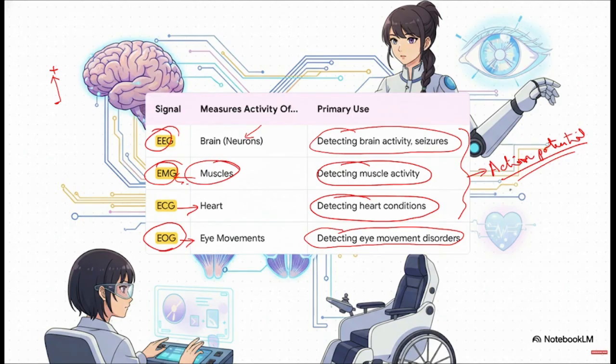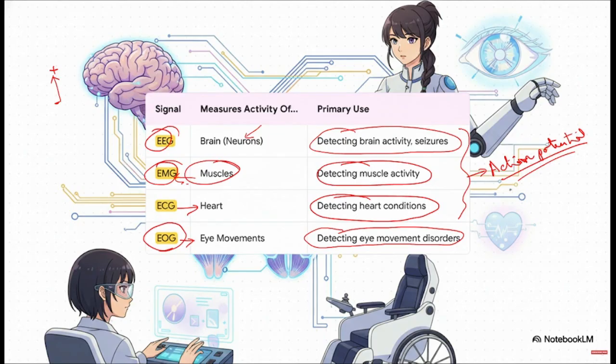So cornea is positive and retina is negative, and due to this phenomenon, we have a standing potential difference in our eyeball.